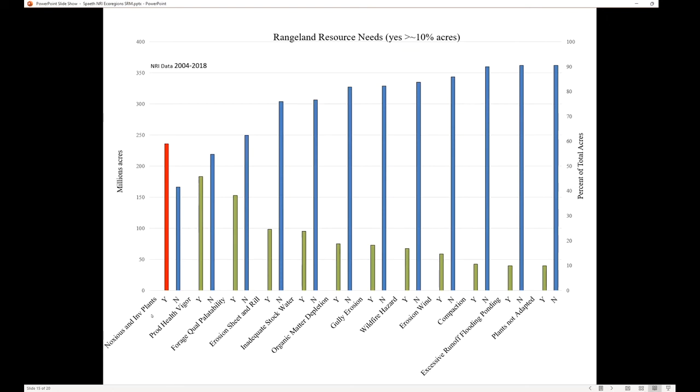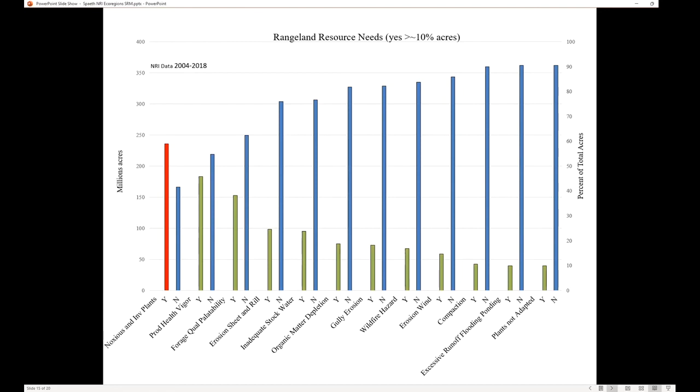Then we also look at health and vigor; maybe 45% of the acres sampled had a concern about that. The third ranking one was forage quality and palatability, at 40% of the acres. So that shows us some of the key resource concerns on our rangeland.